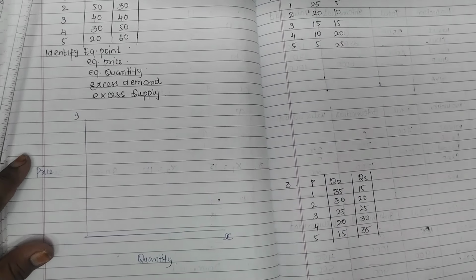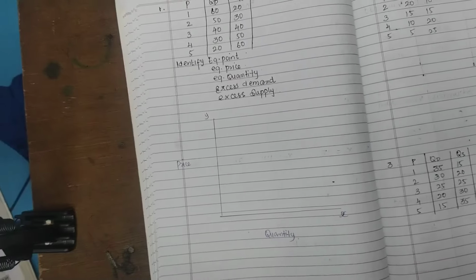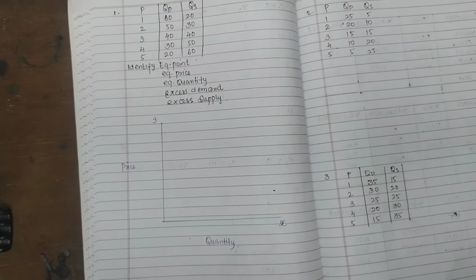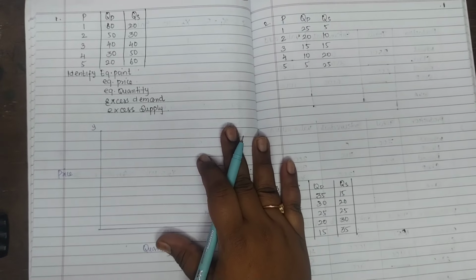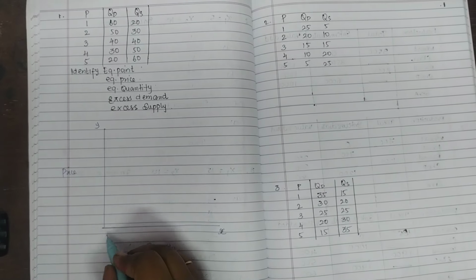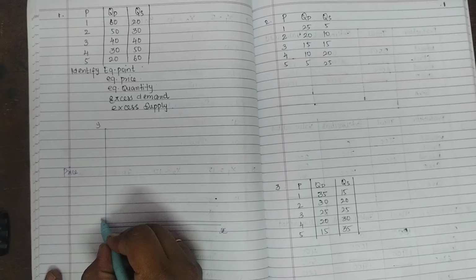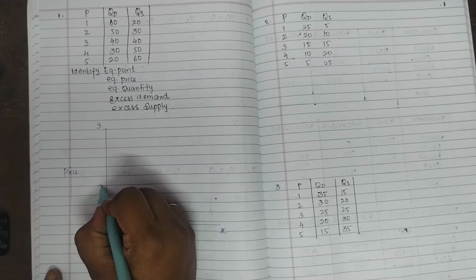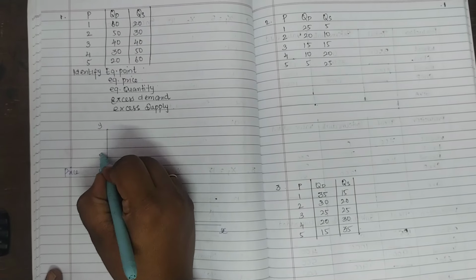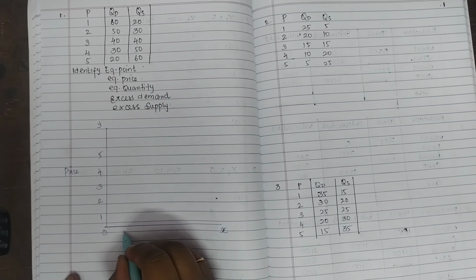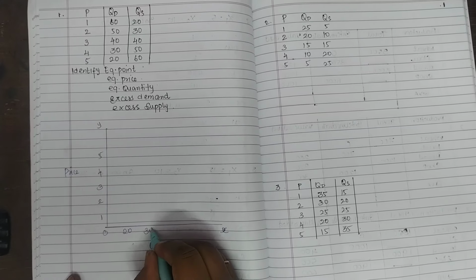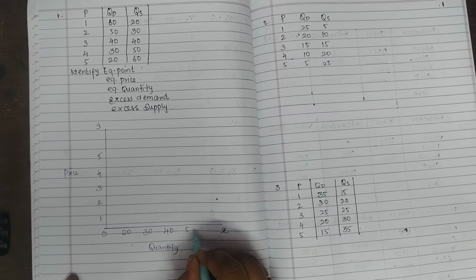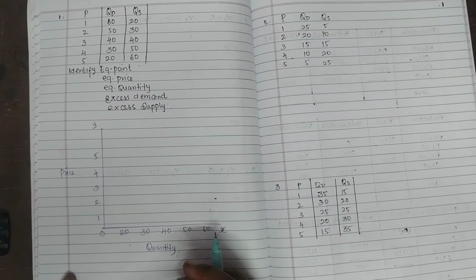Let's go with the prices over here: 1, 2, 3, 4 and 5. It's almost the same. 20, 30, 40, 50 and 60.